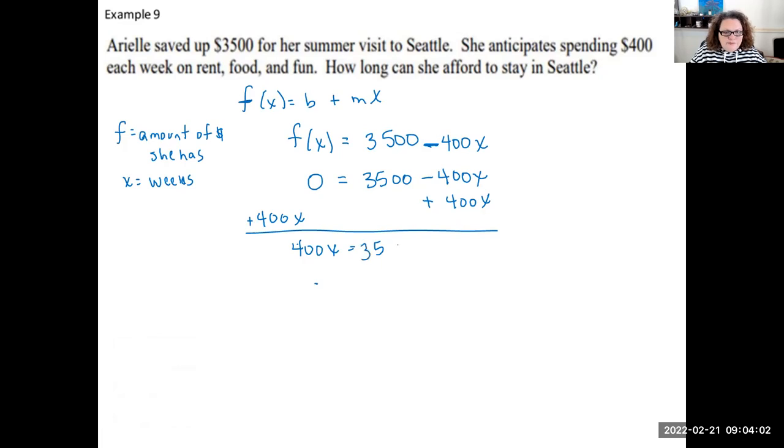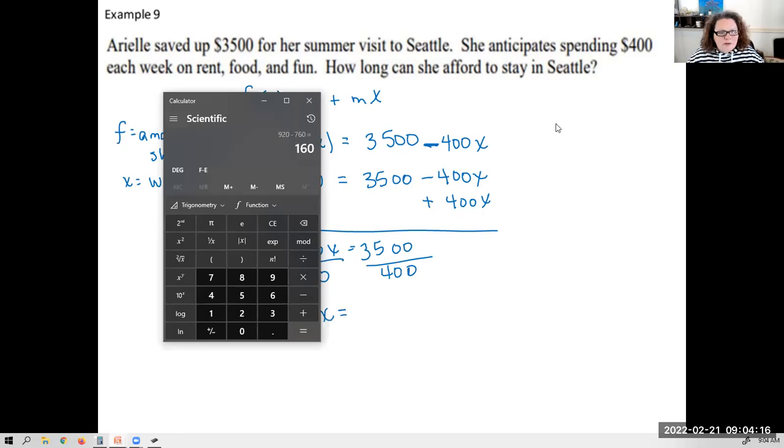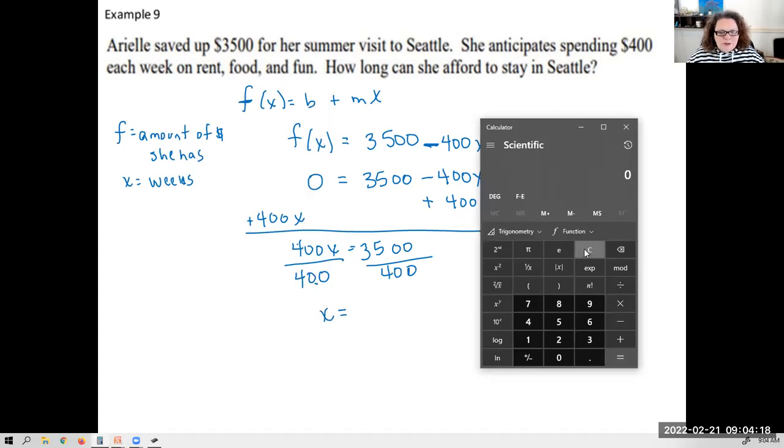All right, solving for x, we have to divide both sides by 400. And x equals, let's break out the trusty calculator. Remember, it's 8 point something, but I don't remember what it was. So 3,500 divided by 400, 8.75 weeks.